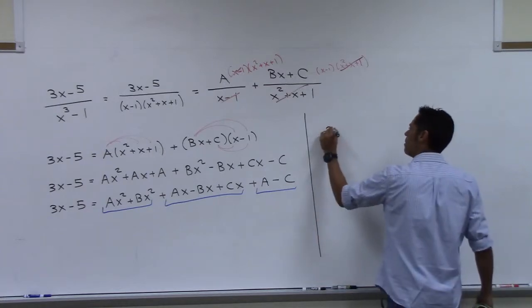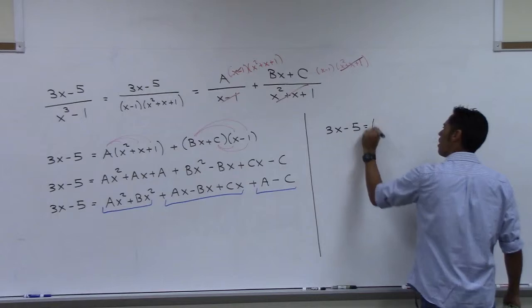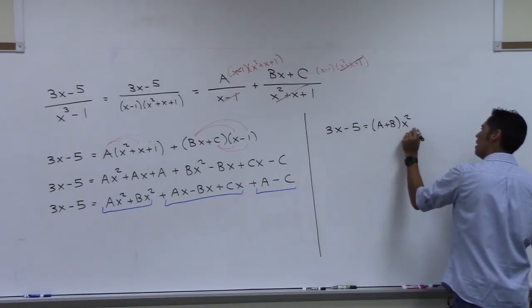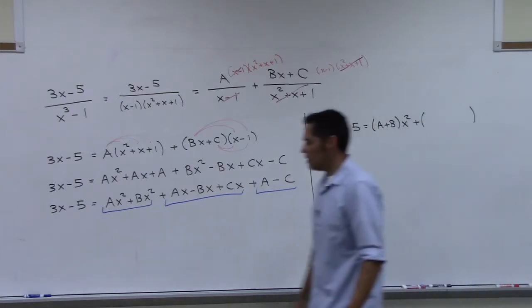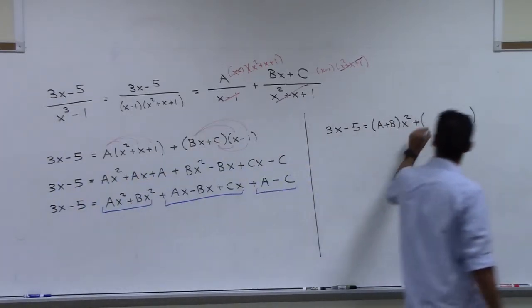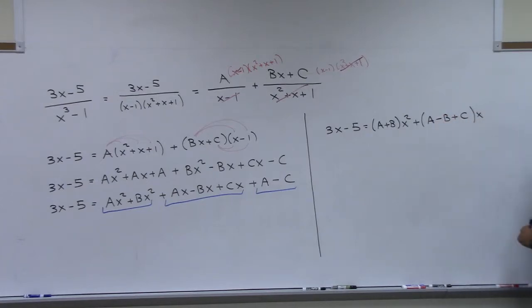All right, 3x minus 5 equals, I'm going to factor out an x squared, so I'm going to get a plus b times x squared. Then always put a plus sign. And now what's going to go in that other parentheses? A minus b plus c. And then an x on the end of that.